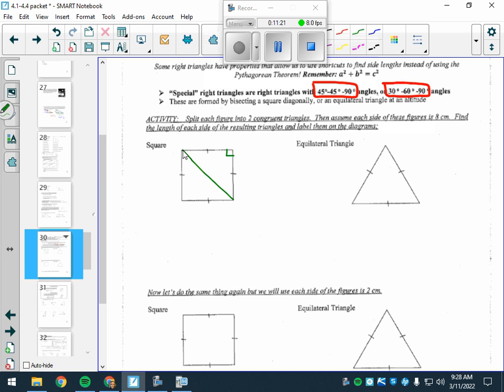Yes? See that? Right? Each of these triangles is a right triangle and it's isosceles. What are the degree measures of the angles in an isosceles right triangle? Wesley? Exactly. So we have a 45, 45, 90 triangle when we cut a square in half diagonally.